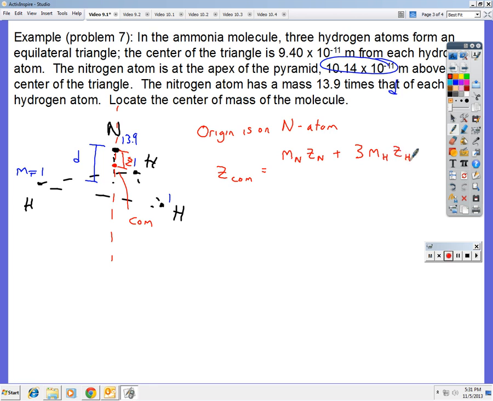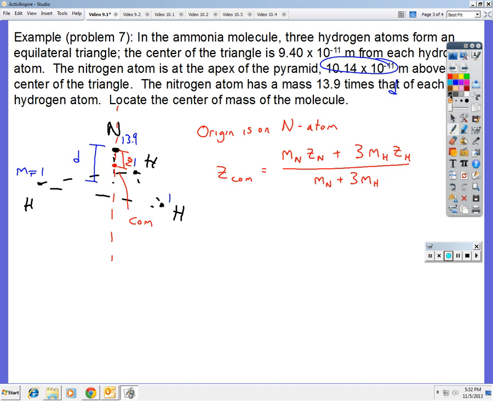The reason I can say that is because all three hydrogens have exactly the same z coordinate, which is d. And then divide by the total mass, the mass of the nitrogen atom, plus 3 times the mass of the hydrogen.